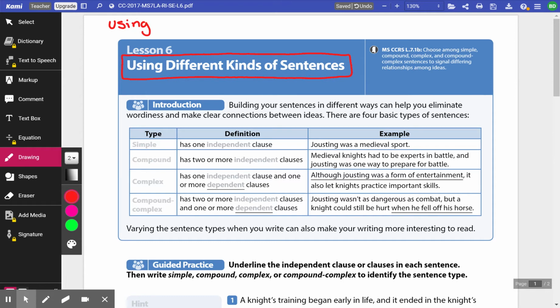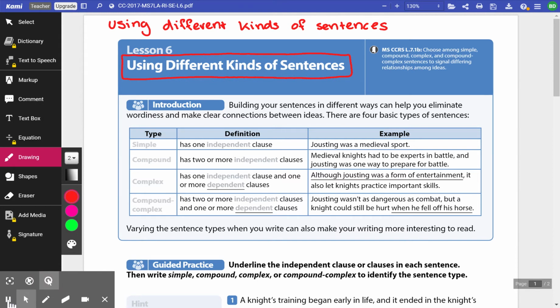So, using different kinds of sentences. Okay, so we know that we are using different kinds of sentences. And this time we are going to be thinking about using these different types of sentences to eliminate wordiness and repetition.